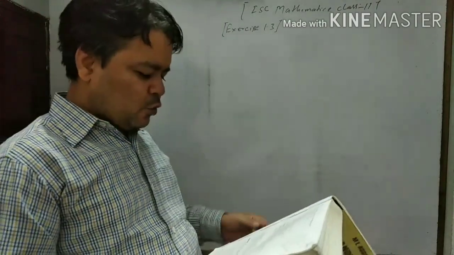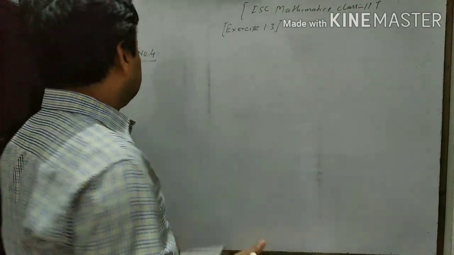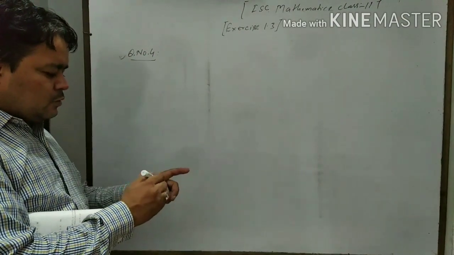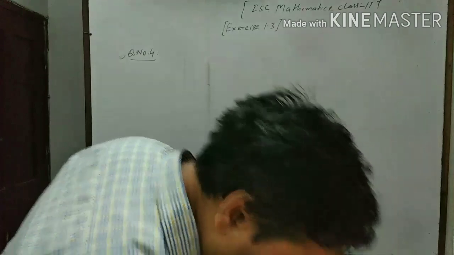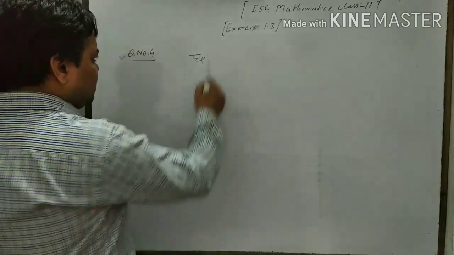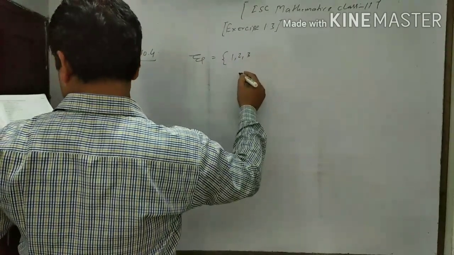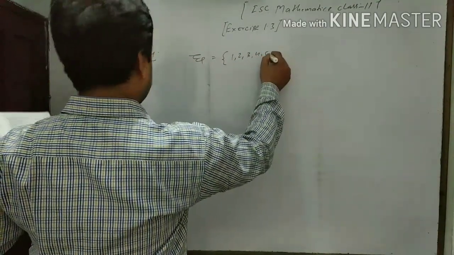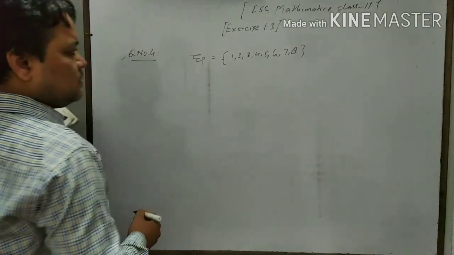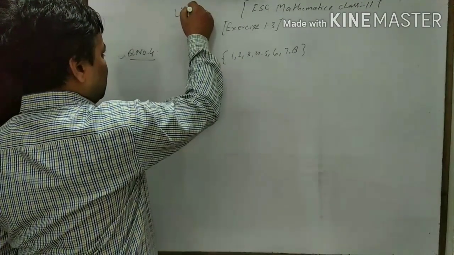Today I am going to discuss exercise 1.3, question number 4. According to this question, the universal set is given, which is equal to 1, 2, 3, 4, 5, 6, 7, 8. We know that the symbol of the universal set is this or this.